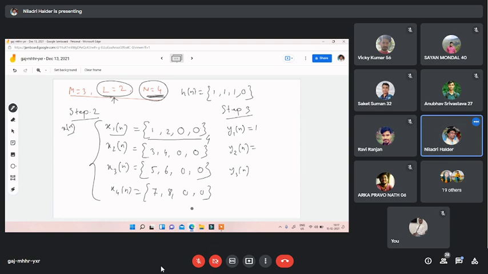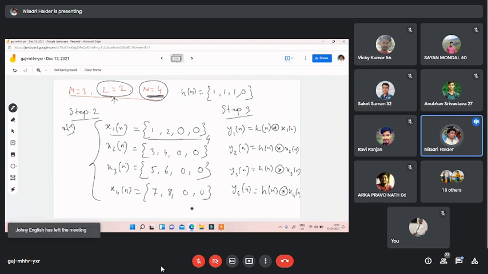That hn will be convolved with each and every set: hn with x1n, hn with x2n, x3n, and y4n will be hn convolved with x4n. So in that way you will get y1n, y2n, y3n, y4n.